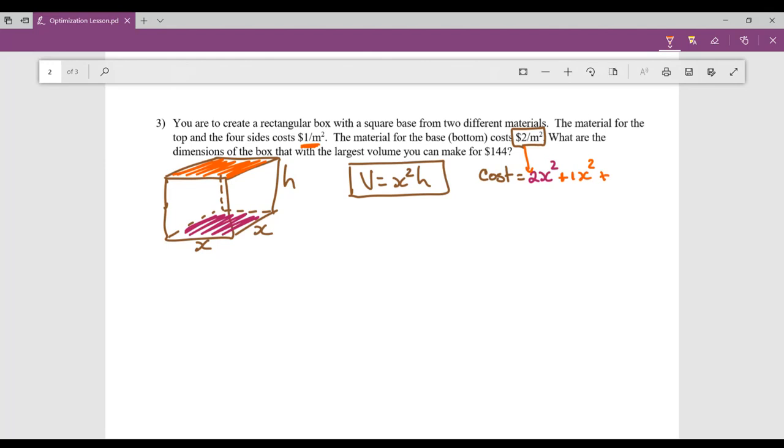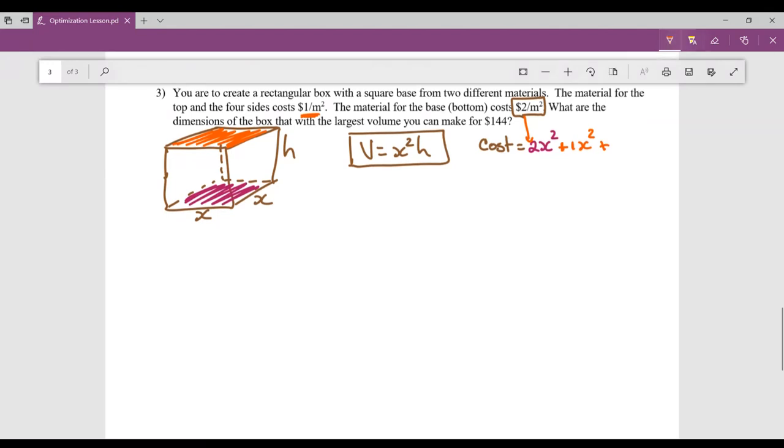Plus the amount it costs for the sides. We'll do it in a different color. There are four sides. They have the dimensions xh, and they cost $1. There are four of them, so it's $1 times the area, which is xh, but there are four sides, so put a 4 in front: 4xh.